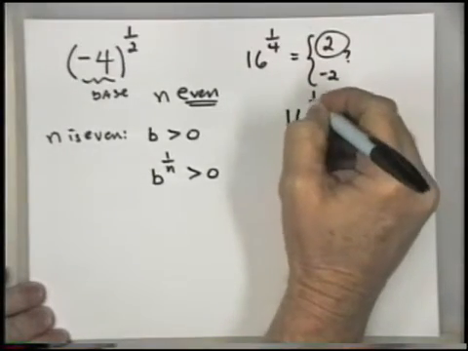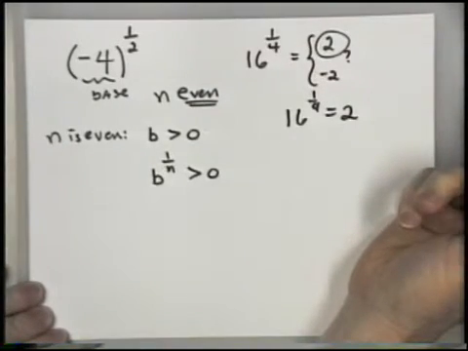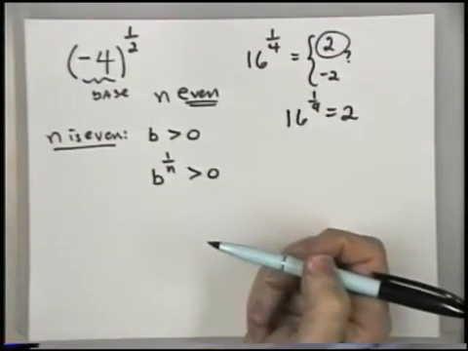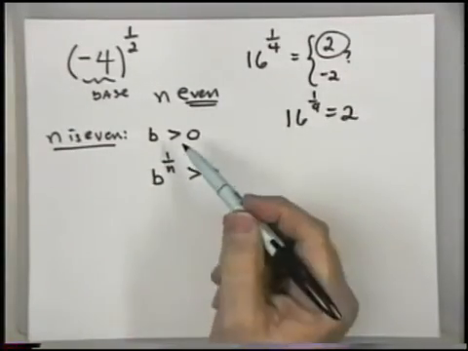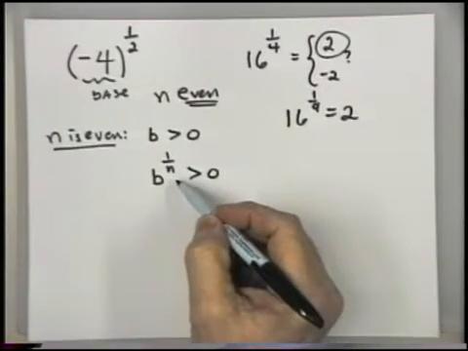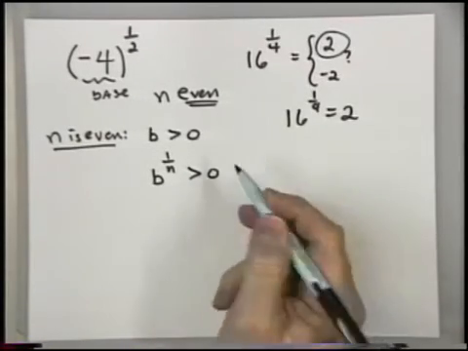So 16 to the 1/4 here is equal to 2, not -2. So when n is even, we make these two restrictions. We choose positive bases, and we always choose b to the 1 over n to be positive.